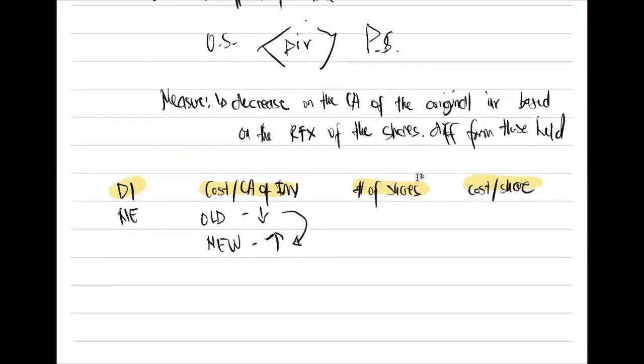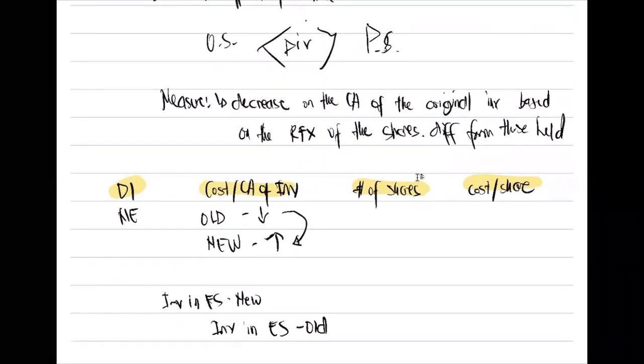Therefore, if you have a new type of share, generally your entry is debit investment in equity securities, the new shares, and credit investment in equity securities, the old shares. Because the decrease on the old investment will be an increase on your new investment. As to the number of shares, for the old, no effect.